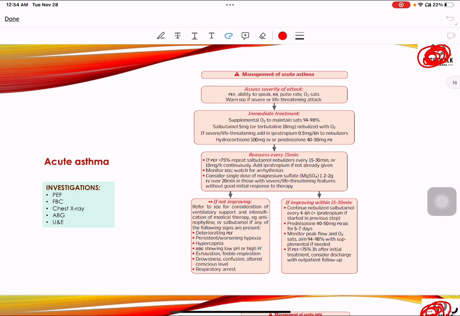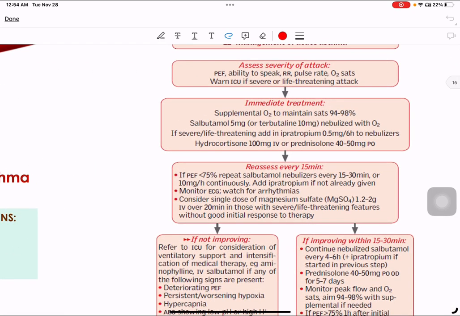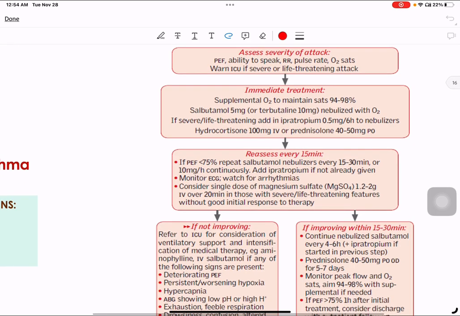So what are the measures for life-threatening bronchial asthma? We have to nebulize the patient with salbutamol or terbutaline, and give high flow oxygen. We may give nebulization with ipratropium, and we have to give intravenous hydrocortisone or oral prednisolone.